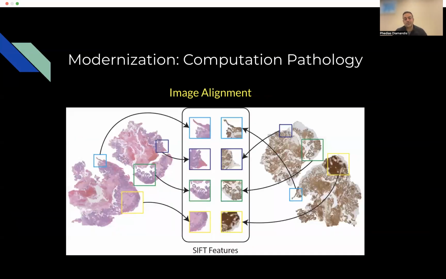Another cool area, which we talked about in a previous lecture, is image registration or image alignment. As pathologists, we often are comparing the H&E and the immunohistochemistry slide side by side to see how much positivity we have, not in the entire slide, but in areas where there's actually viable tumor or tissue of interest.